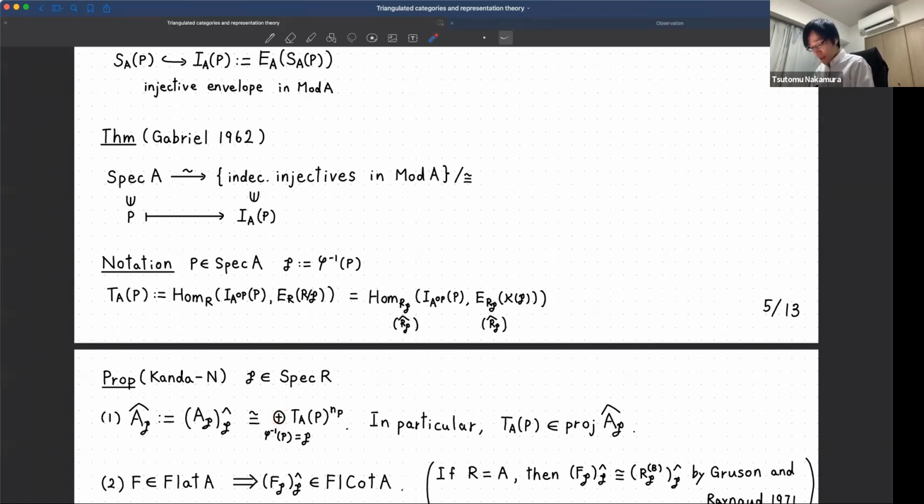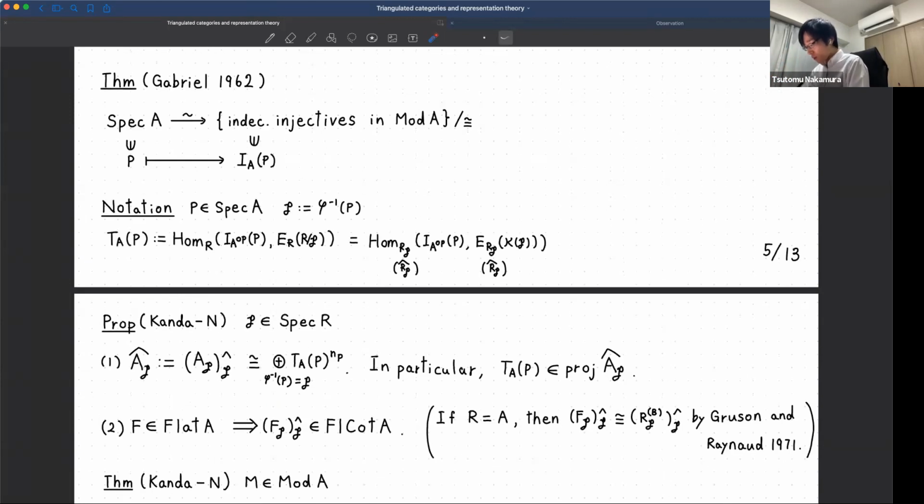And the next fact is more general. If F is flat, and if we consider its localization and completion, then it is flat cotorsion. When A is R, this fact was proved by Enochs and Raynaud.